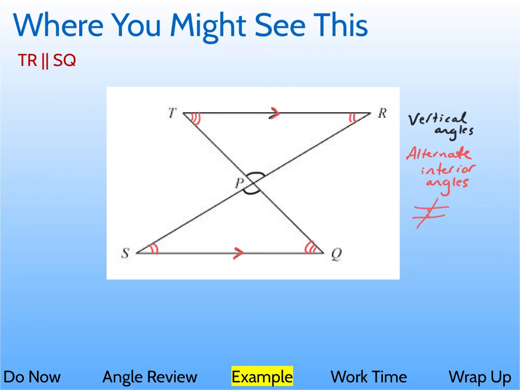The only thing we need now to prove they're congruent is proving that one side is congruent to another side. So if a given statement said that PR is congruent to PS, boom, right there we already have these triangles congruent either by angle, side, angle, or by angle, angle, side.